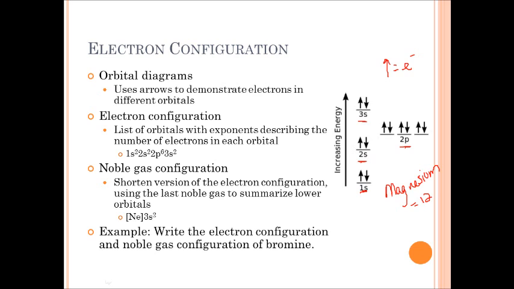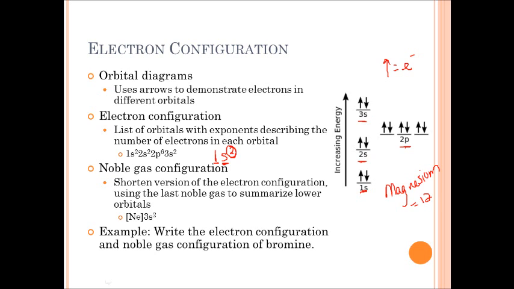The second way we can represent this is just with a basic electron configuration. We give the energy level, which is written as a big number. We give the orbital shape, which is written as a letter, s, p, d, or f. And then we give how many electrons are in that orbital by writing a superscript.